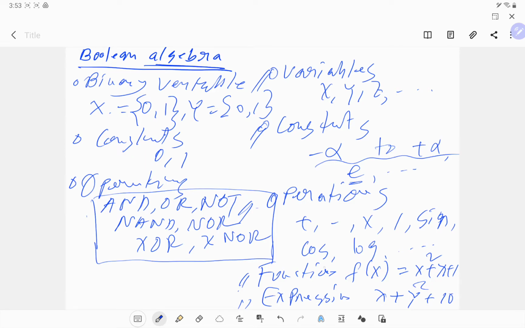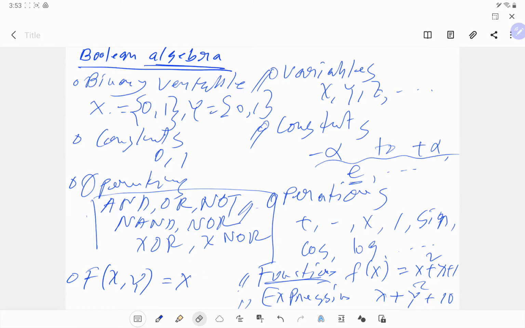Then after operations, we got functions. Let's consider f is a function of 2 binary variables. It should be an expression like x square. No, do we have the square operation in Boolean algebra? We do not have that.